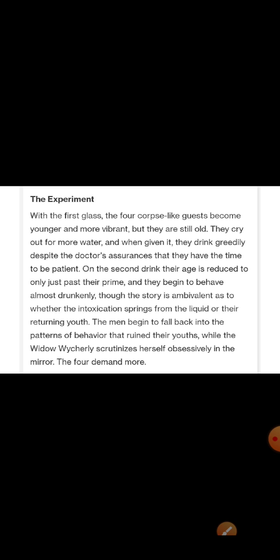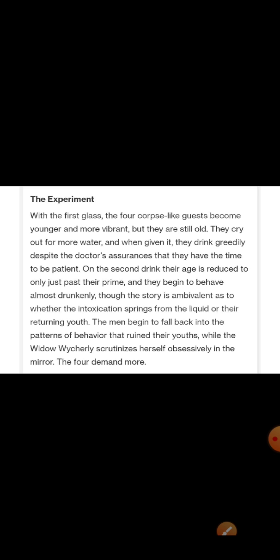Seeing the effect of the liquid, the guests demanded more of that water. Dr. Heidegger asked them to keep patience as he was observing the effect. The champagne glasses were again filled with the wonderful water. The guests took those glasses and immediately swallowed the liquid.